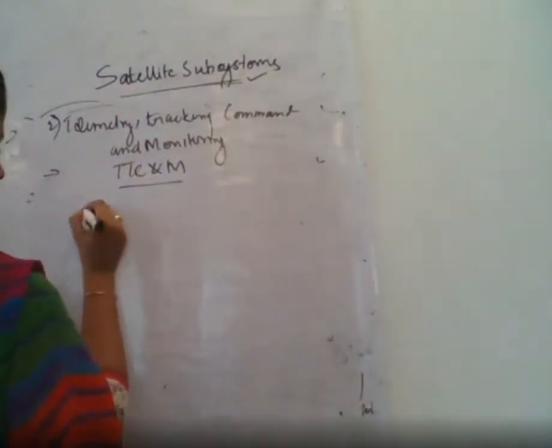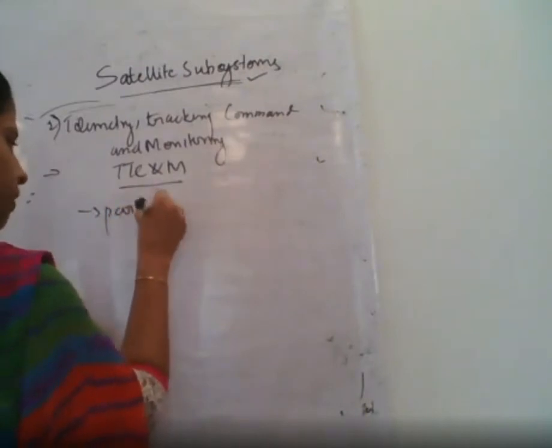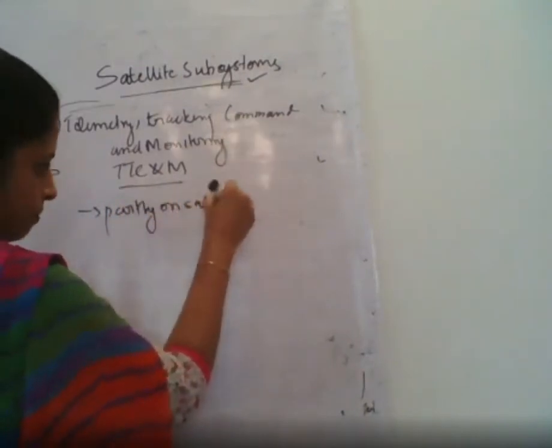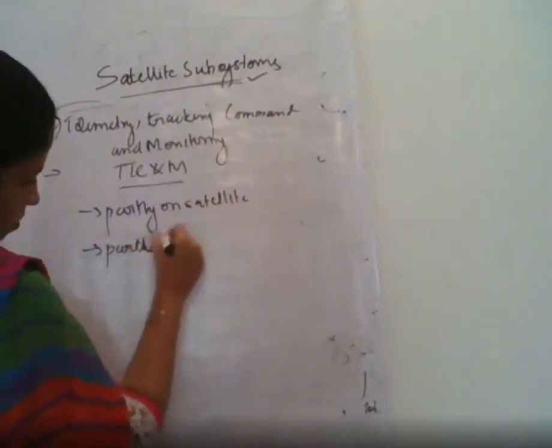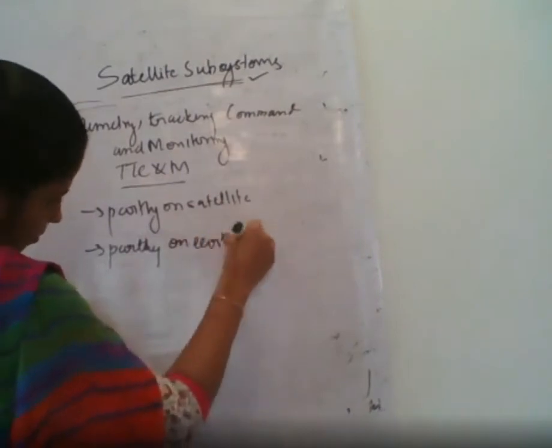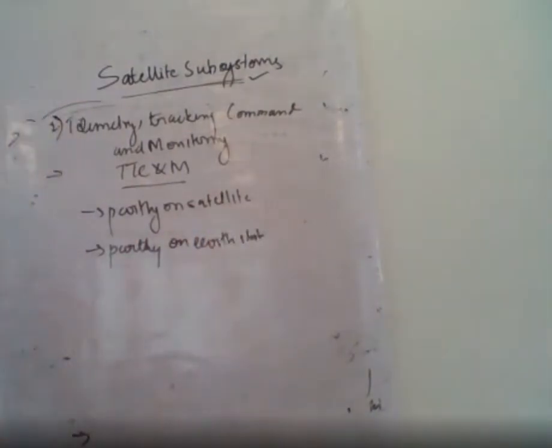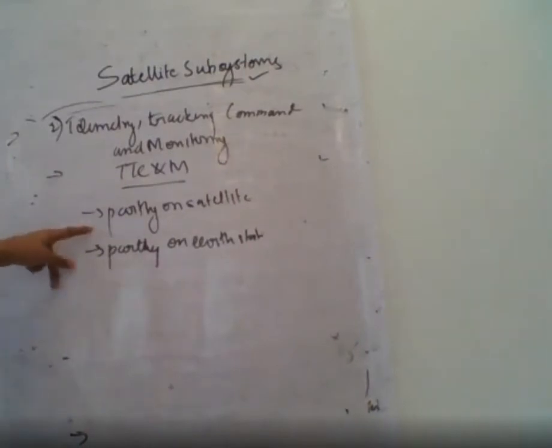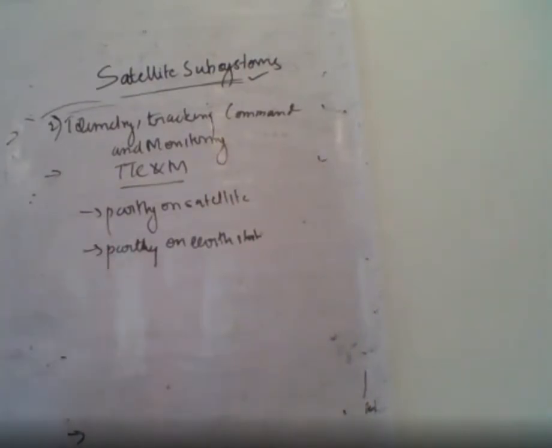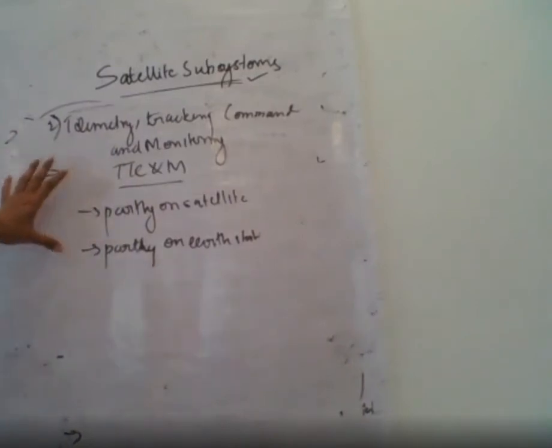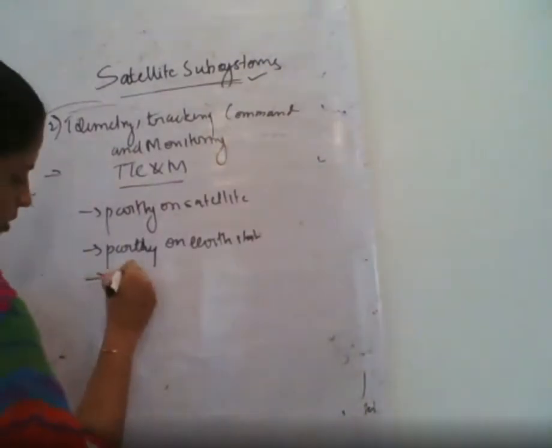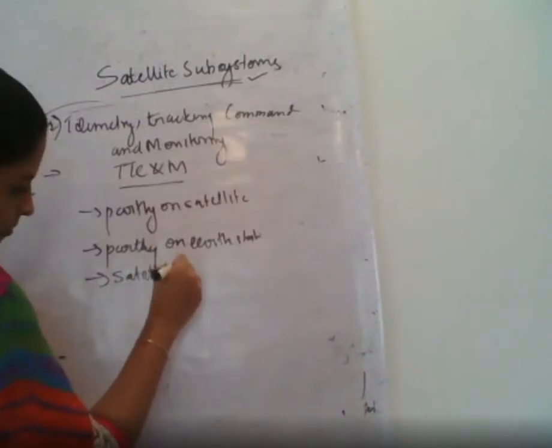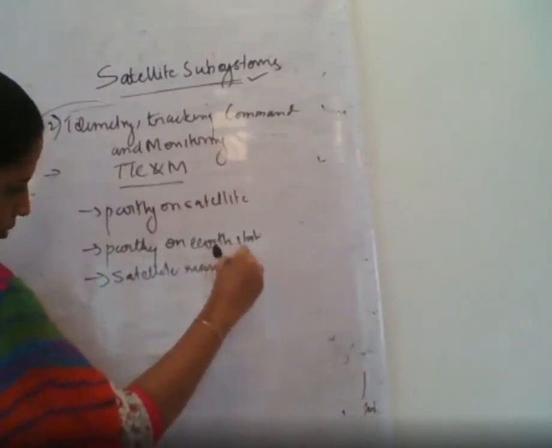This subsystem is partly on the satellite and partly on the Earth station. This TTC&M system is essential for the successful operation of a communication satellite, and it is a part of satellite management.